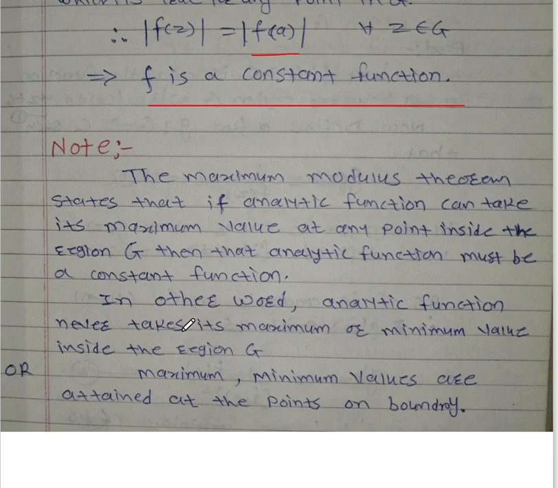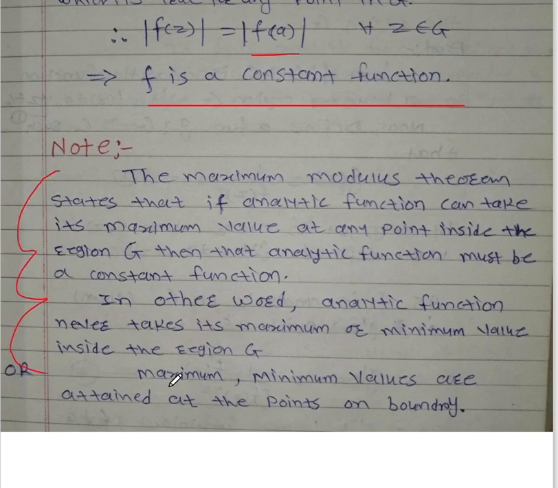In another wording, the maximum modulus theorem can be written as: an analytic function never takes its maximum or minimum value inside the region G. Or third, the maximum and minimum values are attained at points on the boundary. Okay, so these are the different forms of the statement of the maximum modulus theorem. You have to note these three notes.